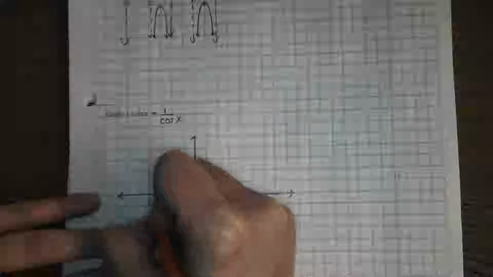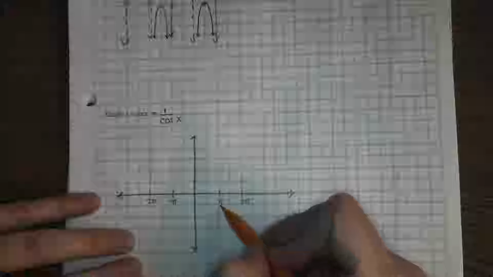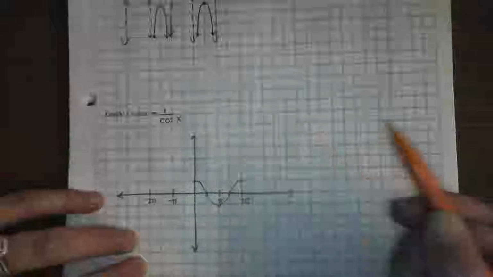So your cosine curve, if I scale this pi to 2 pi, negative pi to negative 2 pi, your cosine graph starts at +1, ends at +1, and has halfway points at pi. So again, this is just my cosine graph that I will eventually be erasing.